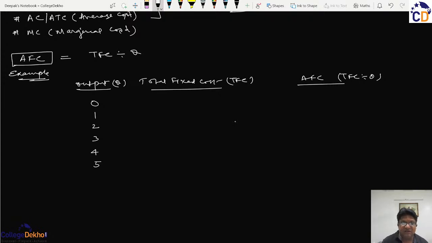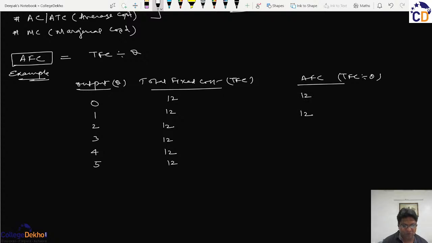So if we say that this figure is, say, a small figure of 12, I'm just taking the figures from the book so that if someone wants to revise them, then there is no confusion. So this average fixed cost in this case will be 12.